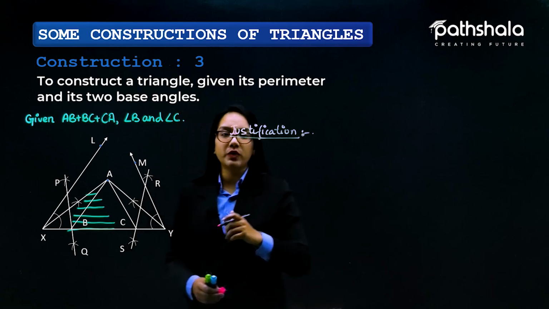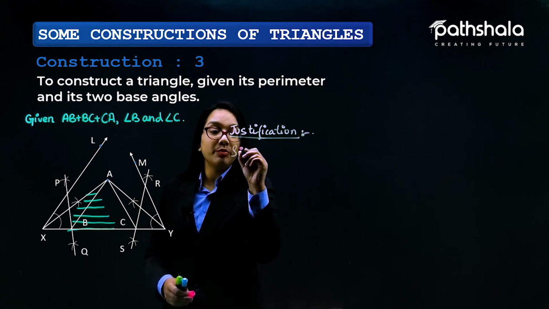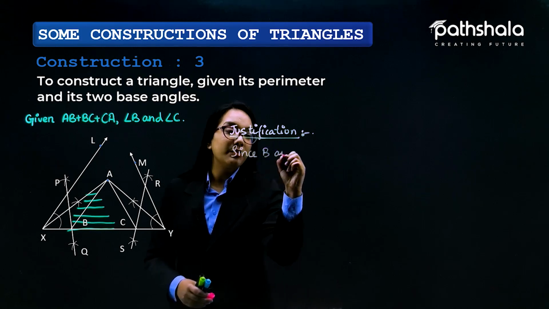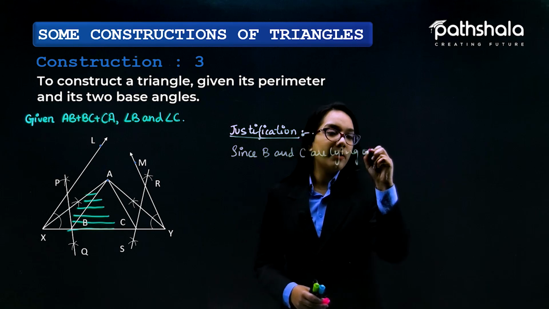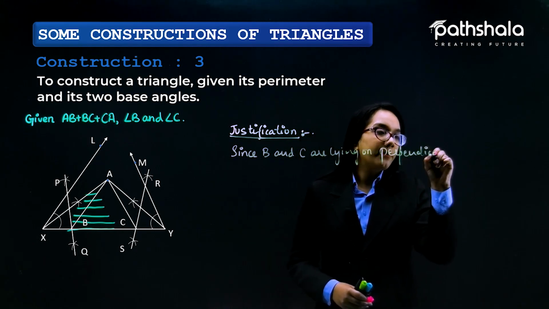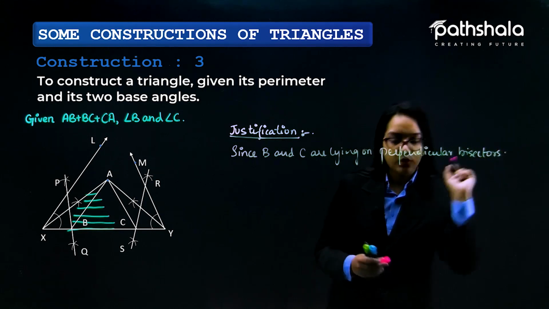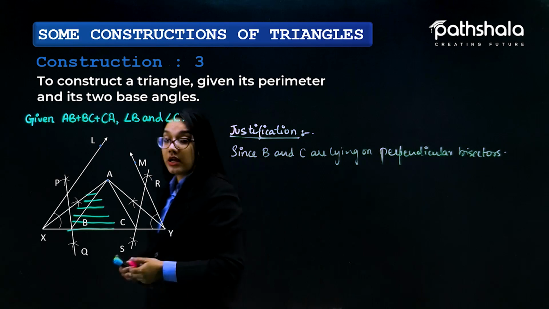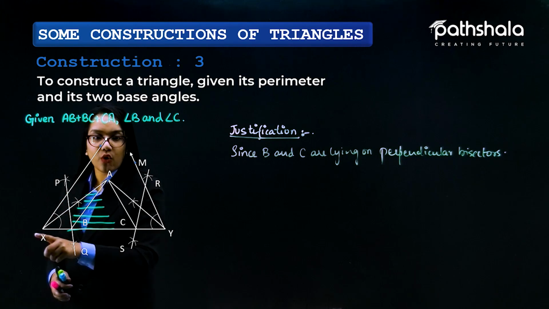triangle. So let us suppose I'm talking about the point B and point C. Since B and C are lying on the perpendicular bisectors, then we know that if we are talking about this particular point B, it is lying on a perpendicular bisector, that is PQ of AX.